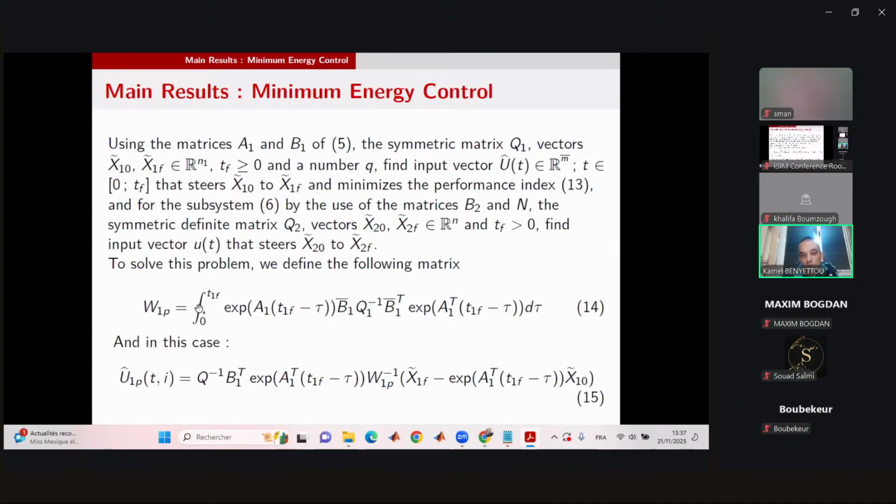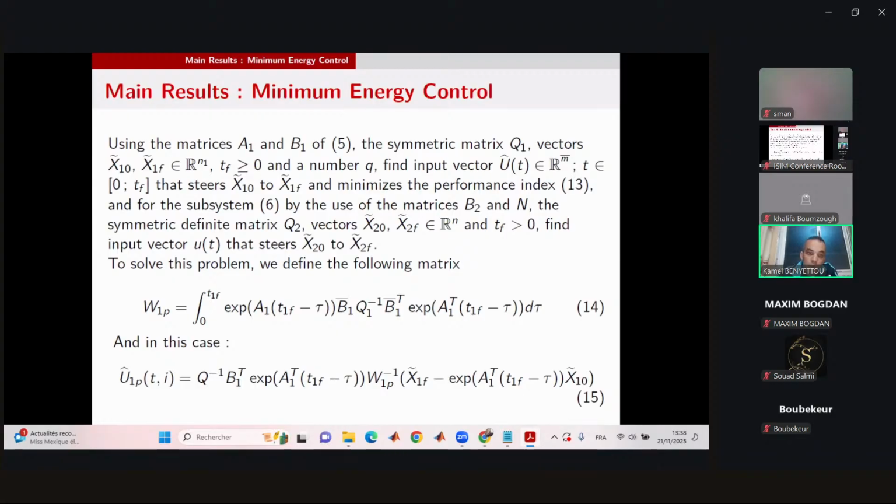To solve this problem, we must assume that we have two invertible matrices Q1 and Q2. And to solve this problem also, we define the following matrix W1P, the Gramian matrix, to ensure the controllability of the first subsystem.